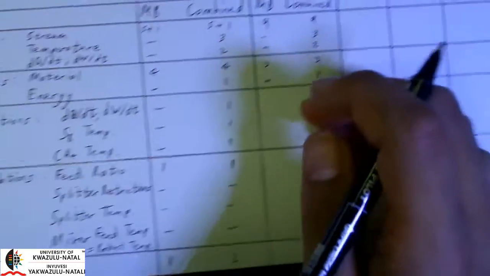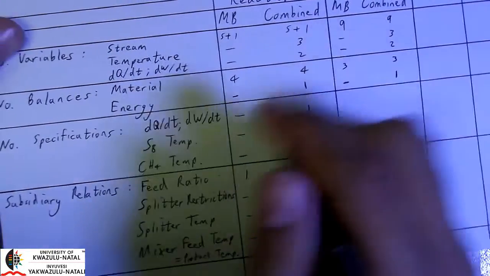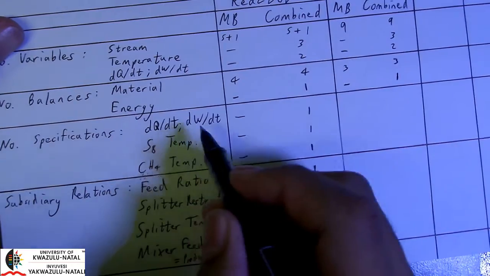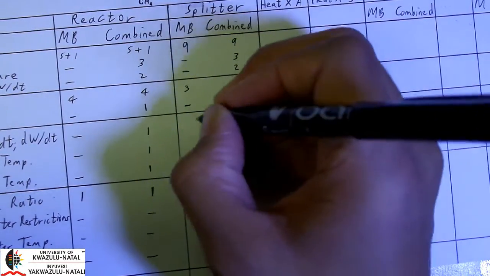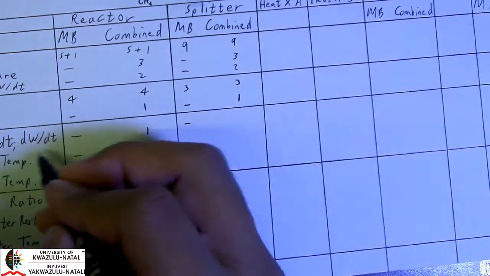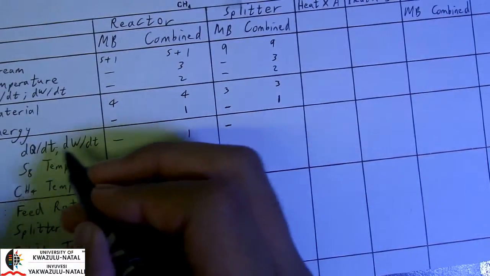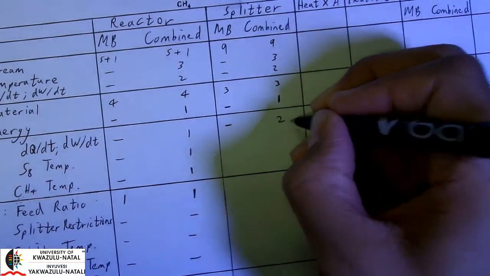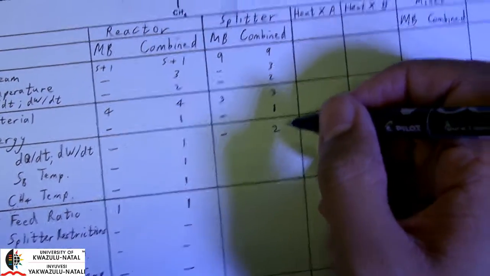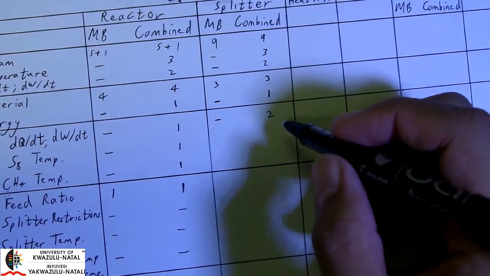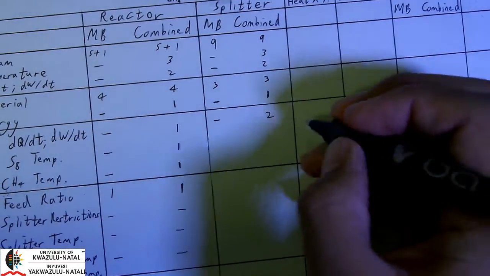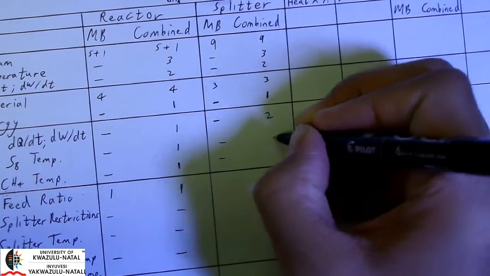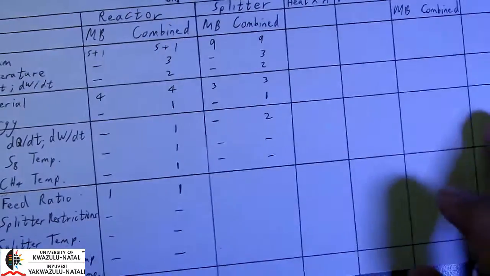In terms of our specifications, dQ/dt and dW/dt, nothing was said about it, so we can assume that both of these values are 0, so that counts for 2 specifications. Okay, so in terms of our temperatures, none of the temperatures are actually specified when being associated with the splitter.